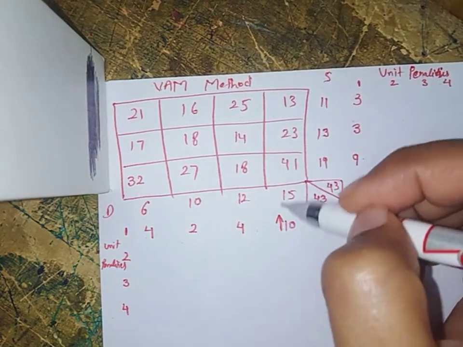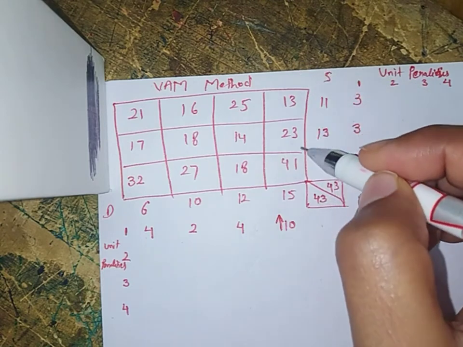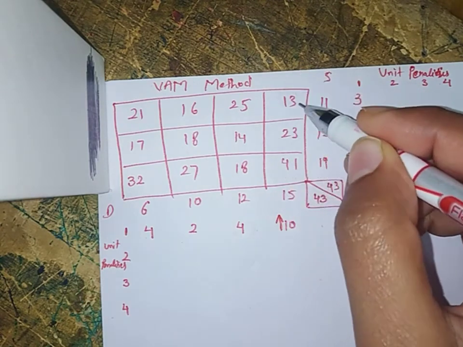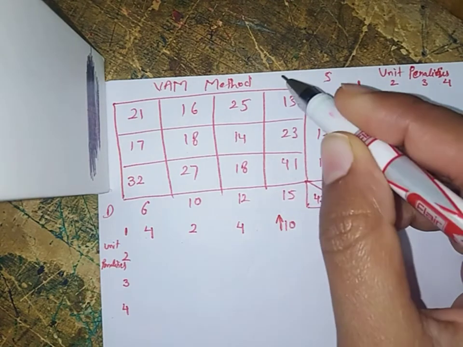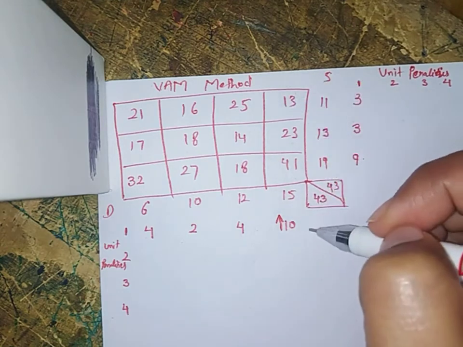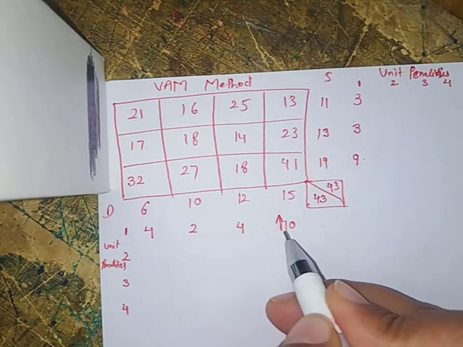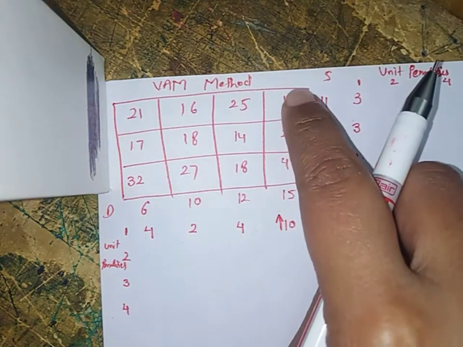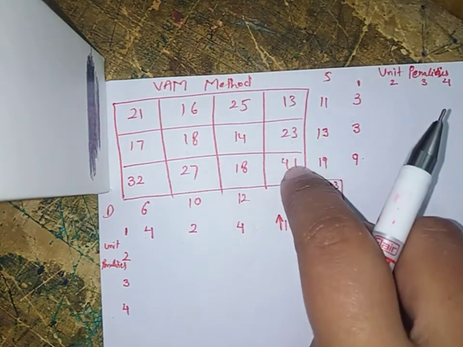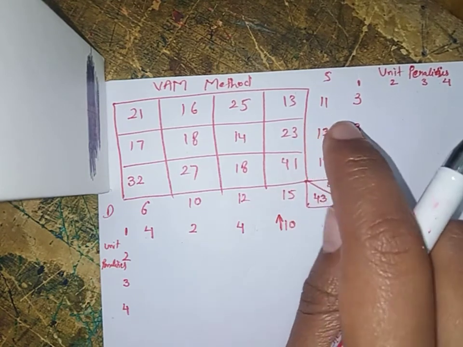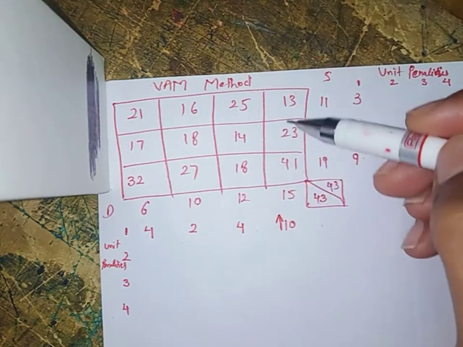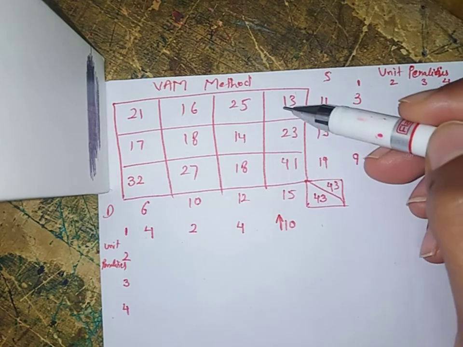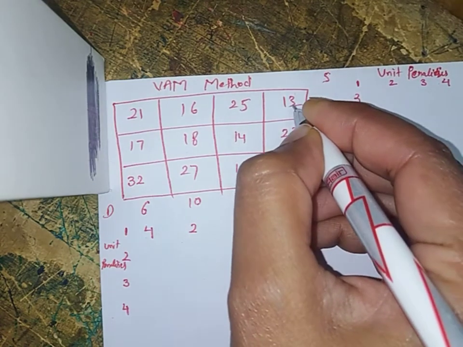Now we know we have to make allocation in this direction due to the largest penalty. So where will we make allocation? After selecting the largest unit penalty, we have to make allocation in the cell with lowest cost. And which is the lowest cell here? It is 13. We will make allocation here.